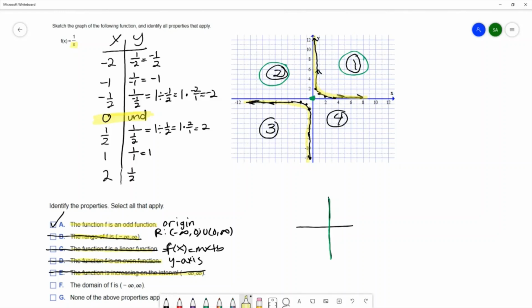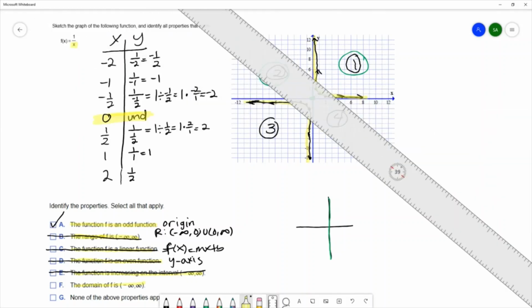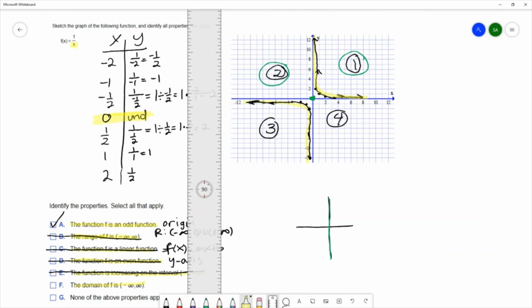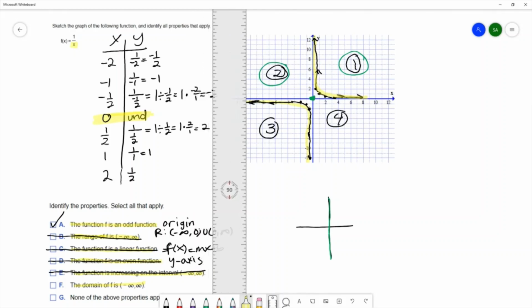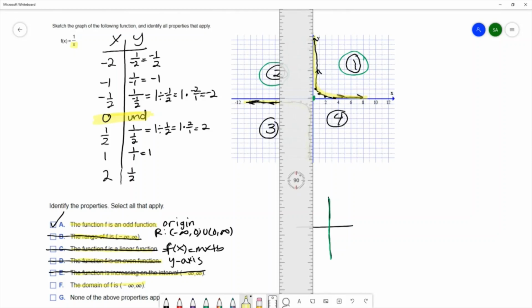The next property says the domain is from negative infinity to infinity. I'm going to hold my ruler vertically and notice that our domain would start at negative infinity and continue until we get to this vertical asymptote of 0. 0 is not included in the domain, and so the domain is not negative infinity to infinity.